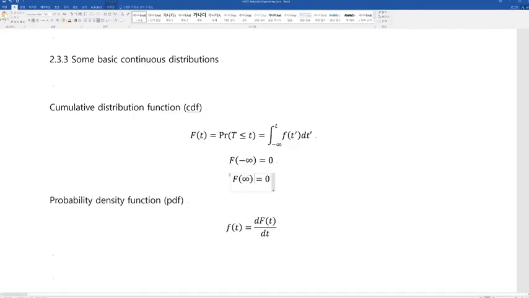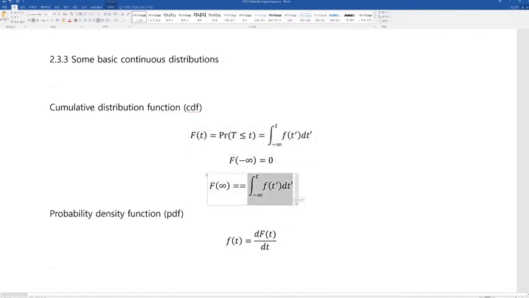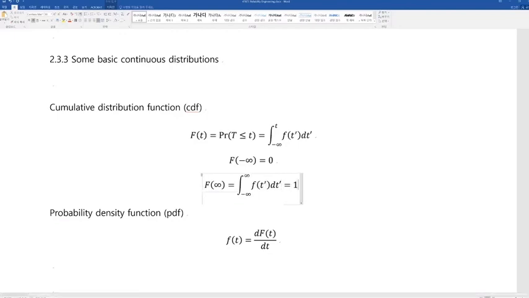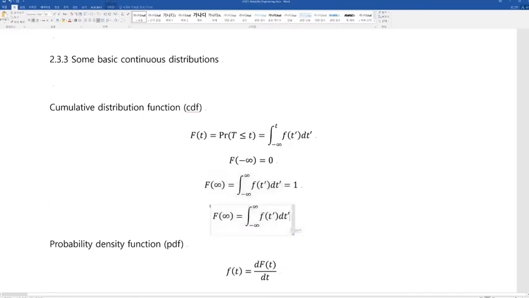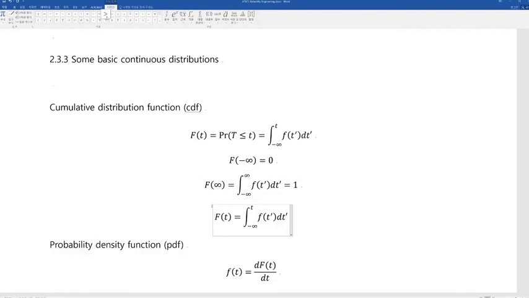For positive infinity, in fact, that means the probability from minus infinity to positive infinity, and this would be the same as 1, and in between, this one should be t, and this value should be between 0 and 1.